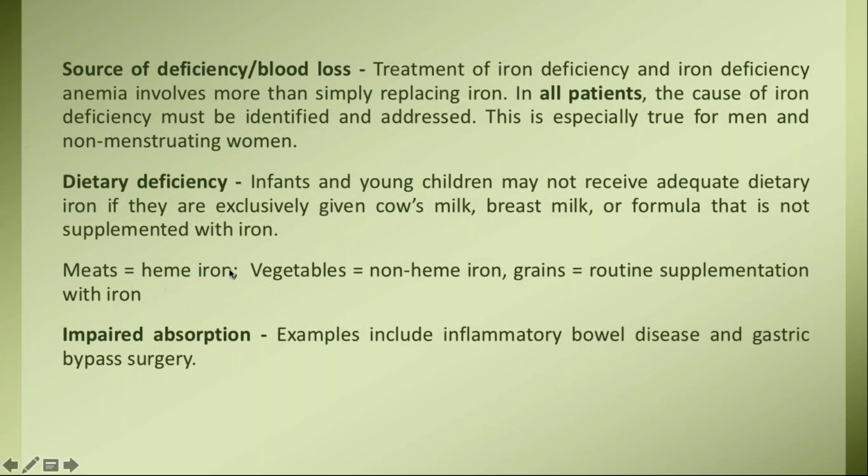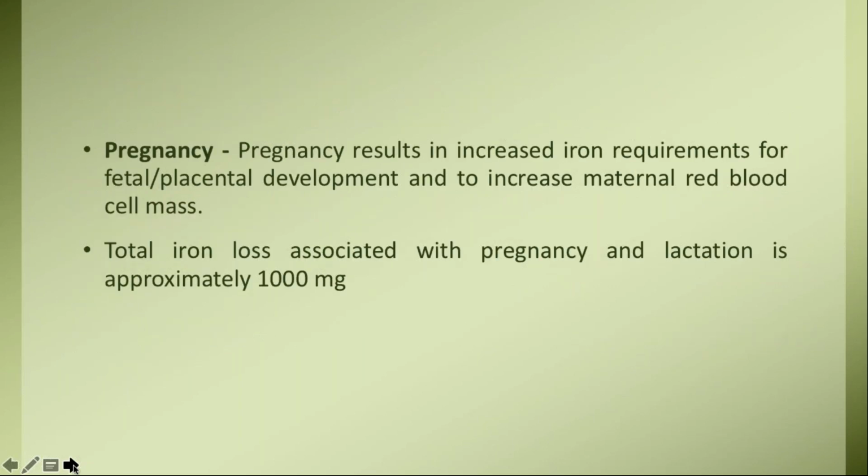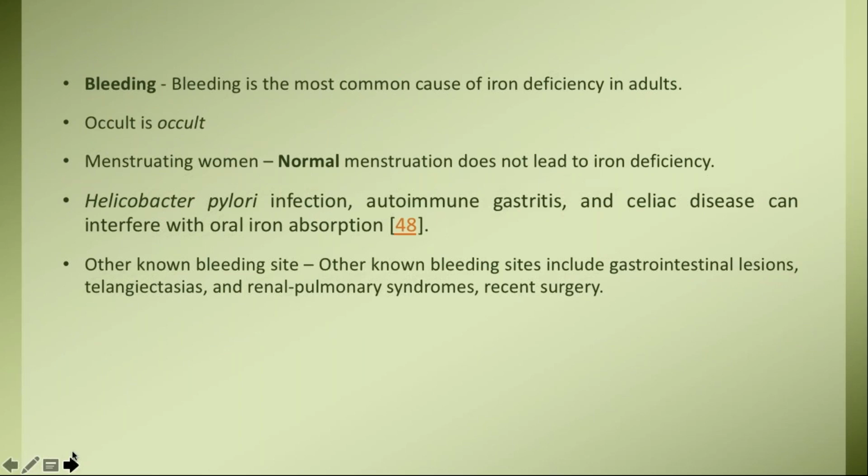Meats, you get iron. Vegetables, you get iron. Grains, they've been supplemented in America with iron. There are some impaired absorption problems that you might have, inflammatory bowel diseases, some kind of bypass surgery. Pregnancy, right? You're going to use more of your iron just growing another human being. So these are some examples, right?